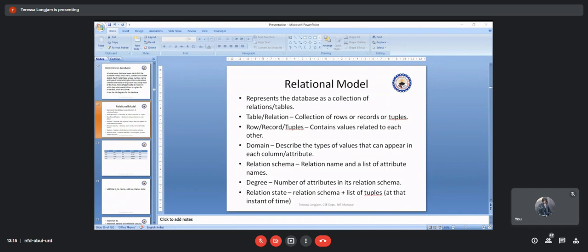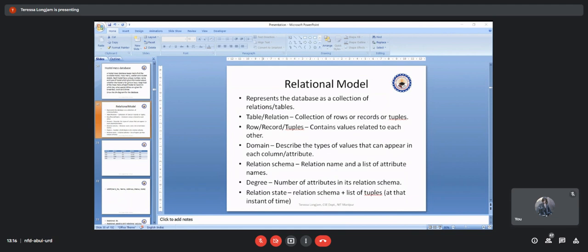Okay. As I have already told you, this is a very popular model. The relational model was first introduced by E.F. Codd, and after that he also introduced relational algebra and relational calculus.